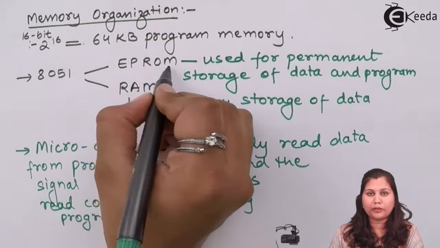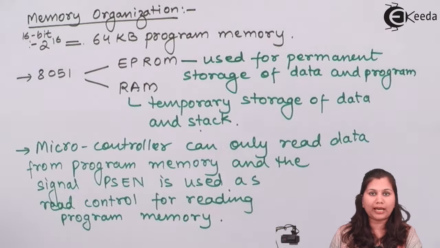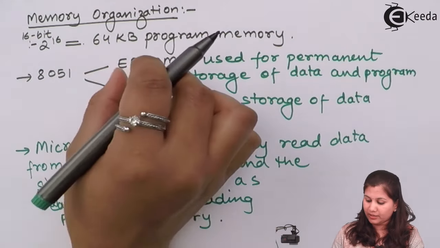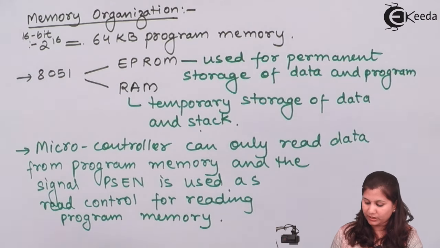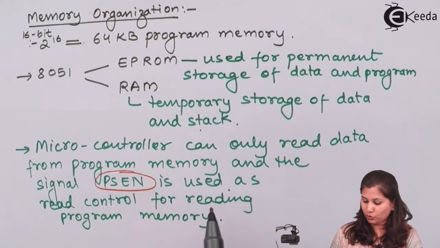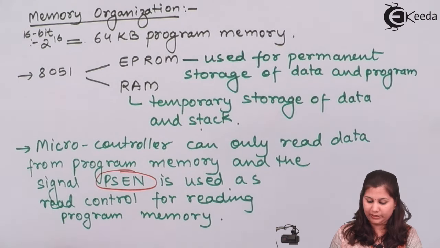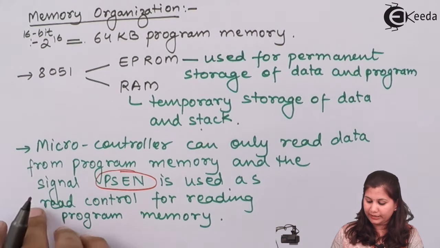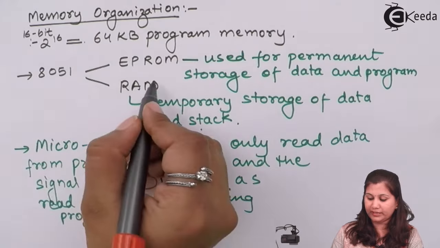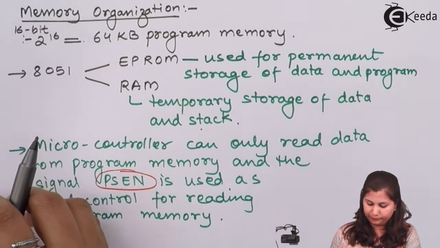Because EPROM is read only memory, only the read operation can be performed in it, and this read operation is performed by using the PSEN signal. So PSEN is used as a read control for reading the program memory, whereas the microcontroller can both read and write the internal RAM, that is random access memory.